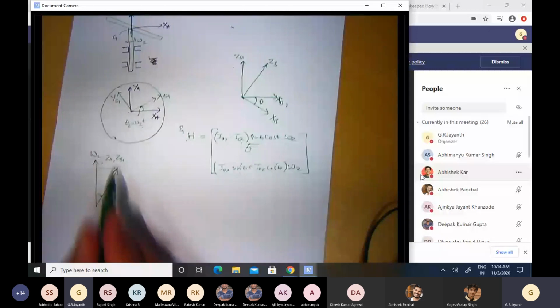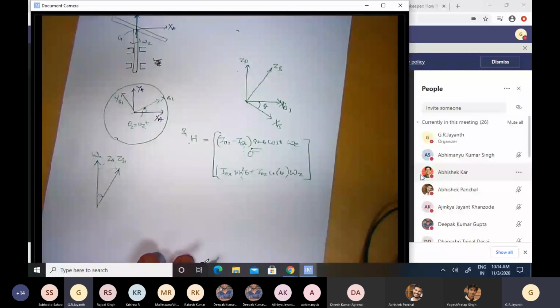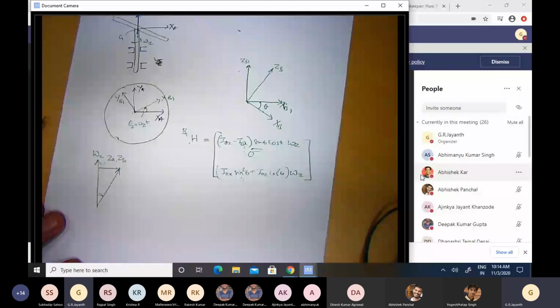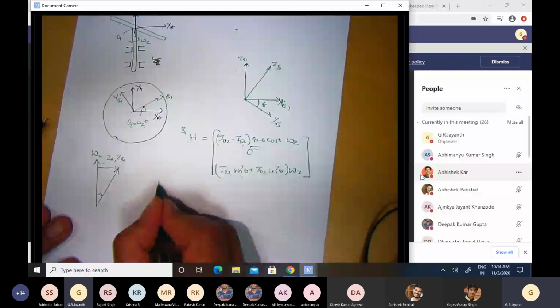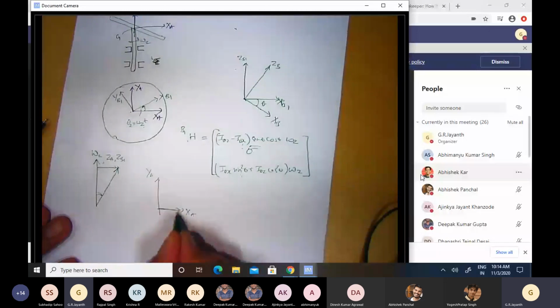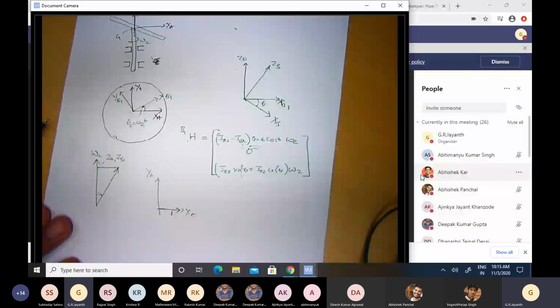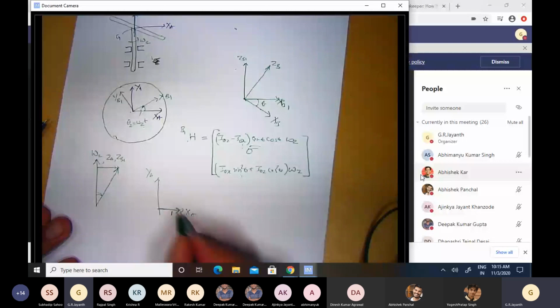But then the x component changes direction, though not magnitude. So when you look at it from the top, when you plot the XA frame and YA frame, this vector HB1's x component is aligned with, let us say, the x-axis of the A frame to start with, but it is rotating with respect to the A frame at a rate omega z. So after some time, it would have changed direction.